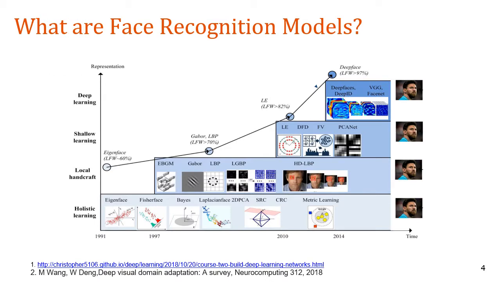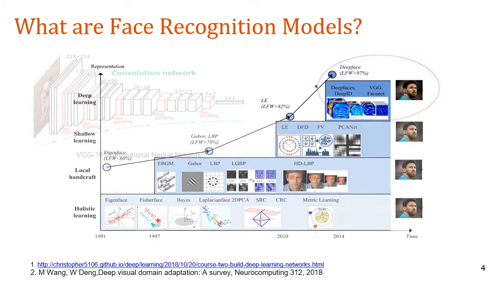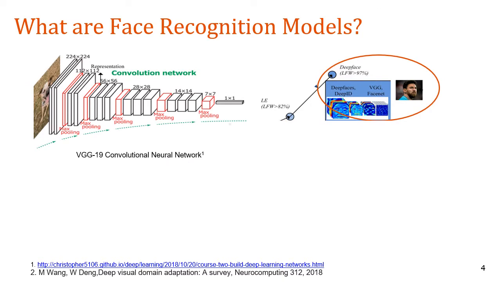As we said, we focus on face recognition models in this paper, and the reason is that in the past, for example in 1991, the best face recognition models achieved at most 60% accuracy on large datasets. But now, with the advent of very complicated and advanced machine learning algorithms, for example deep learning, one can train deep neural networks on large datasets and achieve high accuracy.